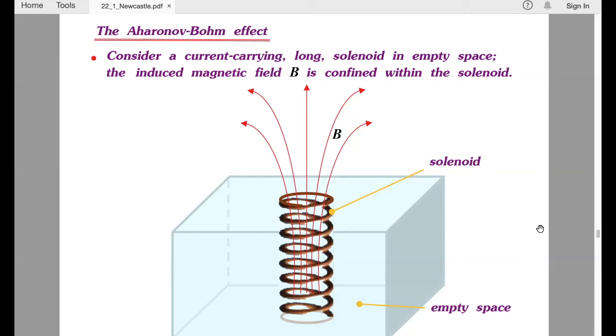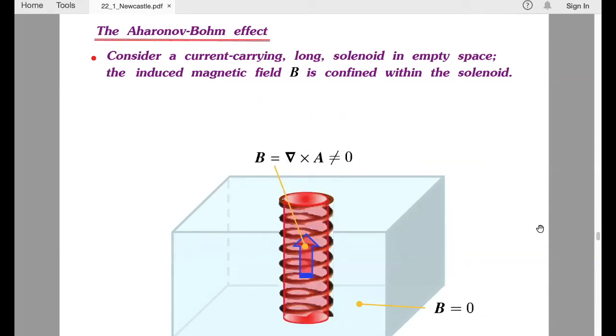We know that div B is 0, so eventually these field lines would close up somewhere far away, so that particles around the solenoid are not disturbed by the field. Now we can put our color, red, to represent the magnetic field, and again A to represent the vector potential, B equals 0 outside.